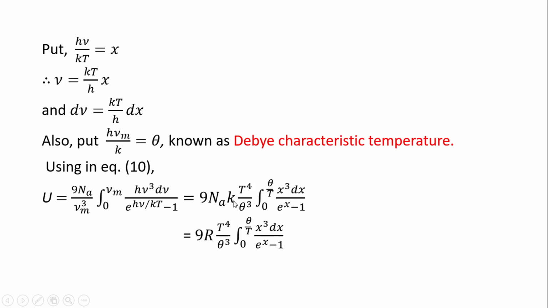Again we can put Na into k as R, and the equation reduces to 9 R T raised to 4 upon theta cube, integration 0 to theta by T, x cube dx upon e raised to x minus 1.